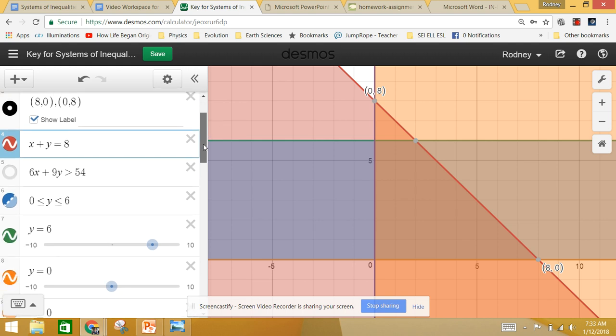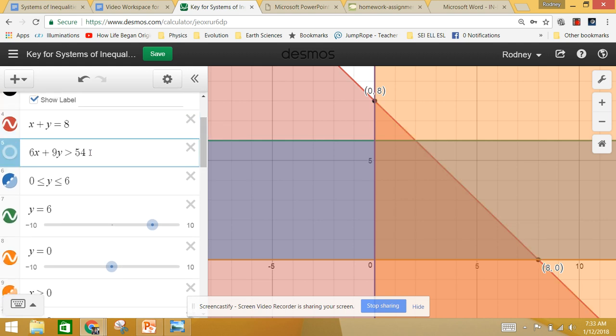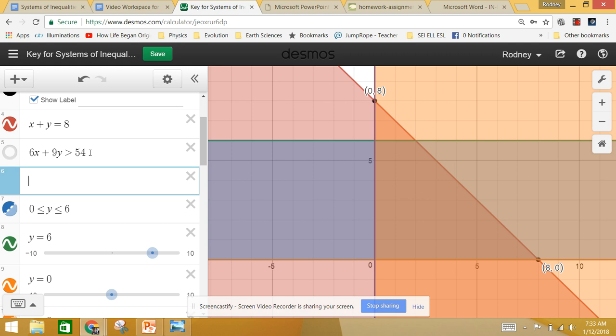I have one last inequality to plot, and for this one, it's also in a standard form. It's going to be a dashed line because it's greater than. Okay, so now I'm going to use my X and Y intercept tools. I can either use my cheat codes or I can just say, all right, if X is 0, then I've got 9Y equals 54. That means I divide both sides by 9, and 54 divided by 9 is 6.